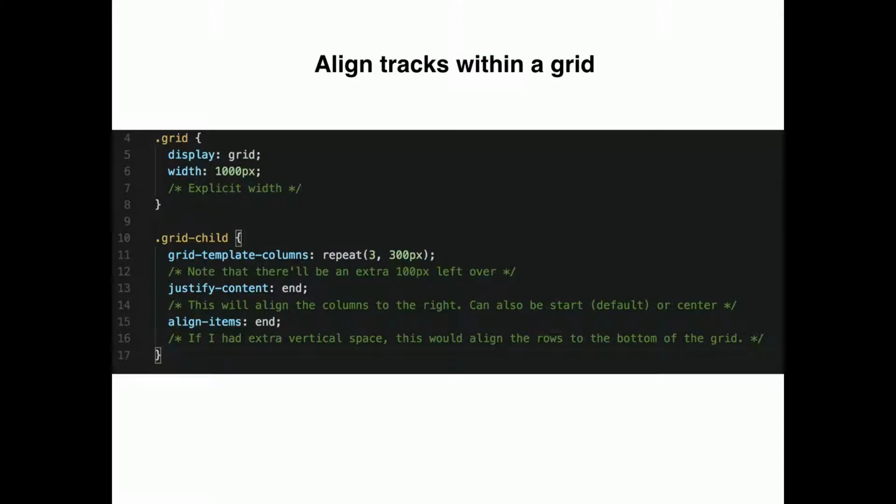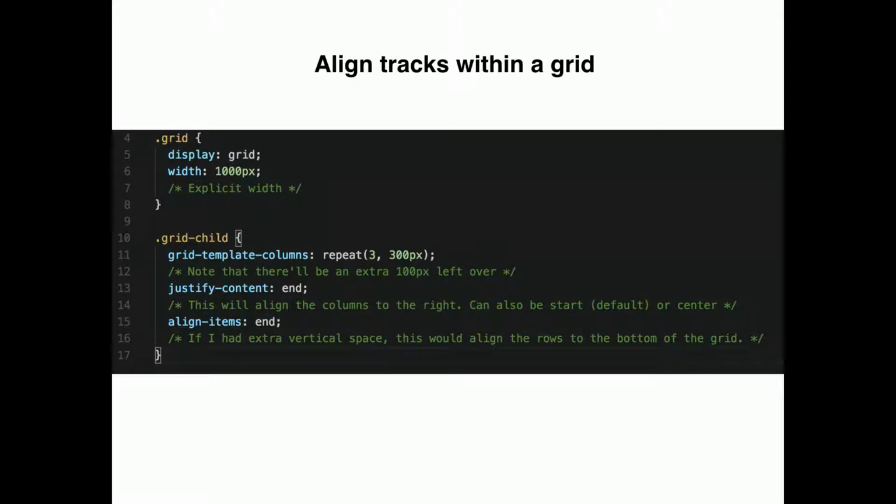So let's look at the grid child. All of that I showed you was on the parent item, but you have your grid children too. You can align the tracks here. In this case, the grid parent is 1,000 pixels, and we have three 300 pixel columns. So you have 100 pixels left over.